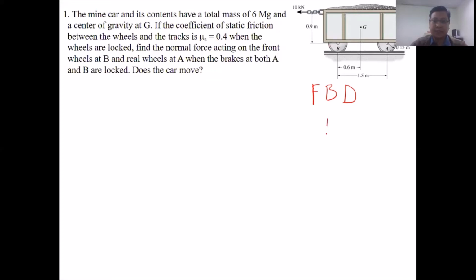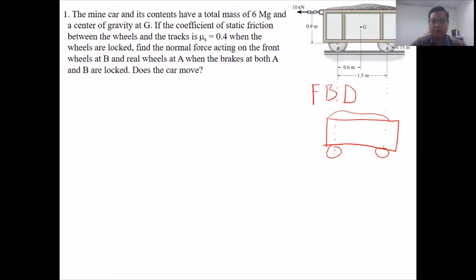So we can redraw here the mass, and then we have the wheels here. All dimensions should be referred to the figure.